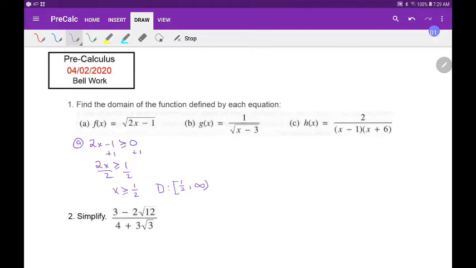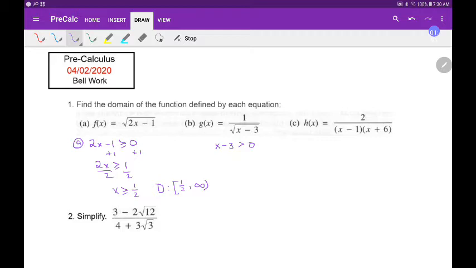Okay, for B, we've got a couple things we need to worry about. The first one is that x minus 3 can't be negative. I was going to say greater than or equal to 0, but it's got to be greater than 0, right? Because we're on the bottom of a fraction, so let me just go ahead and combine the ideas.